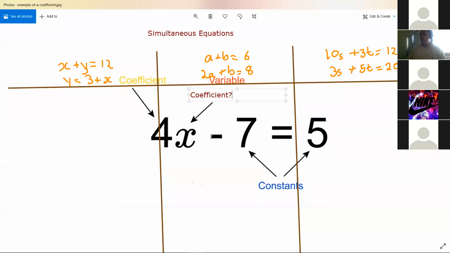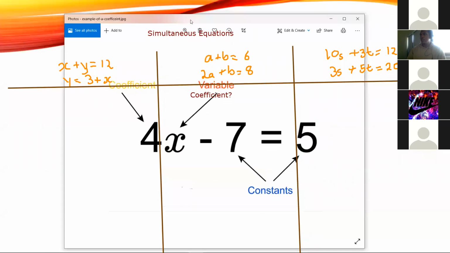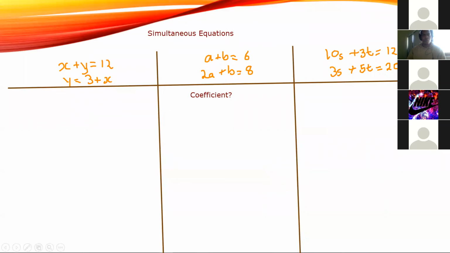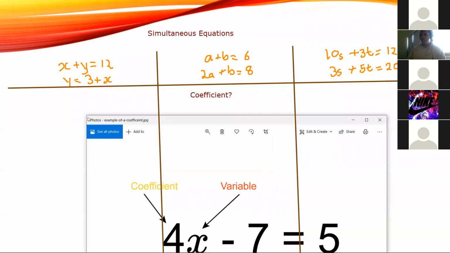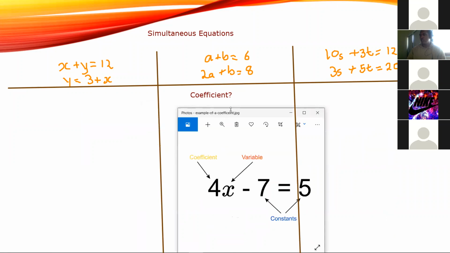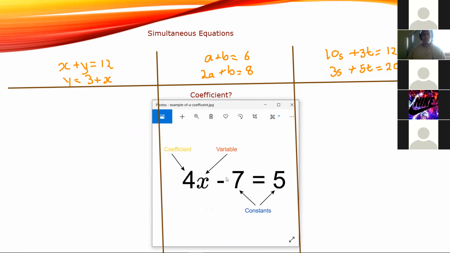Okay. So I just opened up the following one so that I can show you what's going on regarding a coefficient, so that we are all on the same page. All right. So over here, I have an example of what a coefficient is. The number in front of the letter, that is basically it.